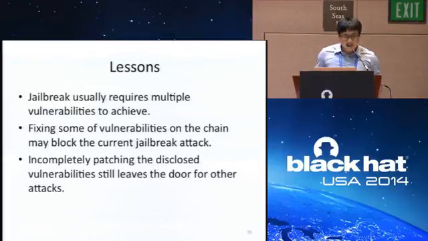And more importantly, as Apple did in iOS 7.1 up to iOS 7.1.2, fixing some of the critical vulnerabilities may block the attack, but not completely patching publicly disclosed vulnerabilities still leaves the door open for other attacks, as we showed throughout the talk.